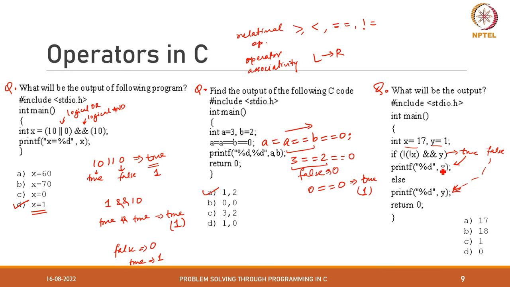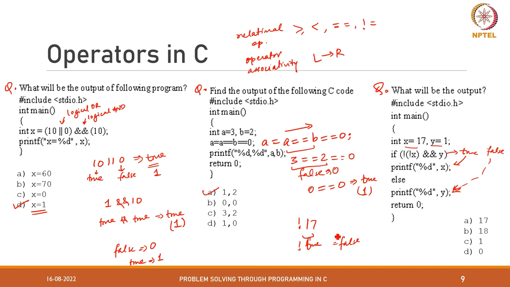Let us really see what is happening. First, we'll evaluate the one in the parenthesis, not of 17. 17 itself is a true value because it's non-zero. So not of 17, that is not of true, will be false.